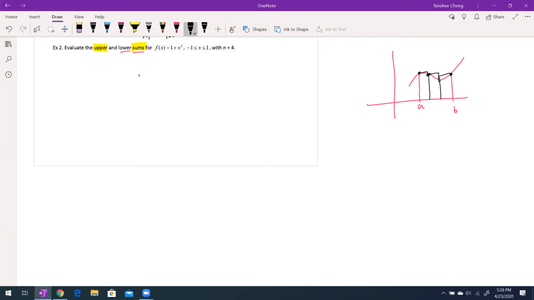Are we all following so far? For the same interval, if you want to do the lower sum, then we make sure that everything is underestimating. So for the first rectangle, I will be using the right endpoint. For the second interval, I will be using the right endpoint also.